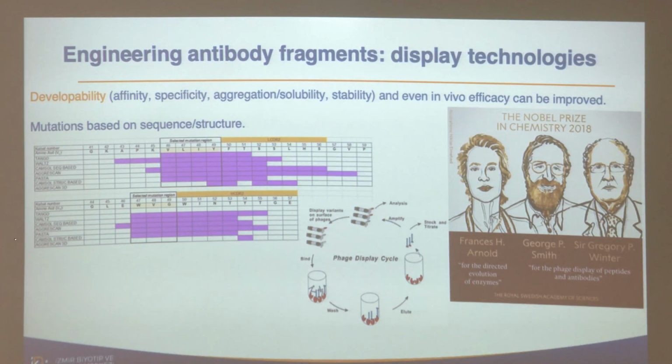You change everything, structure, function, so you need to screen for everything. And you need to select where to engineer according to structure. People usually focus on CDR regions, but you don't need to engineer only CDR regions to change specificity or affinity. You can also change the framework regions to make those changes.